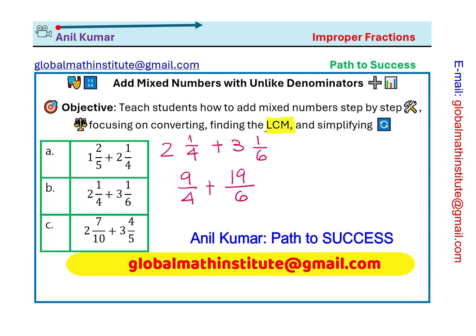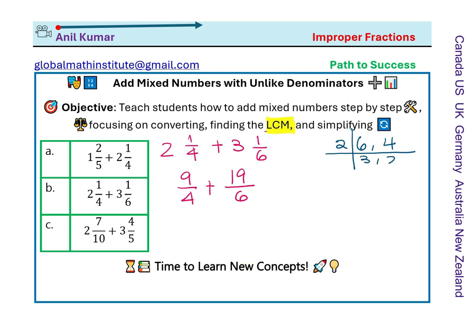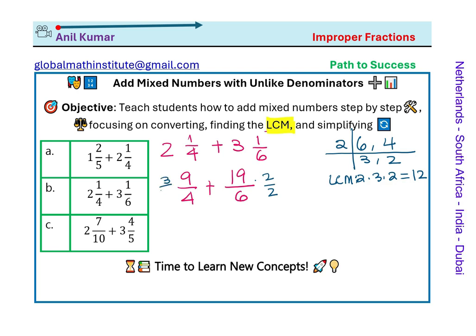One technique which is very easy to use is division. This is a special division. We can divide both by 2, right? And so we get 2 times 3 times 2, which is 6, and 2 times 6 is 12. That is our LCM, right? So to make it 12, I have to multiply this by 3 and this by 2, correct?